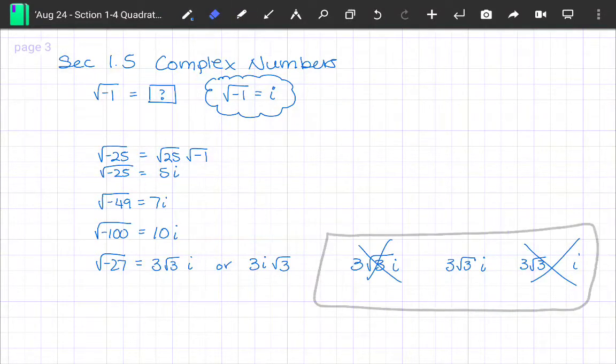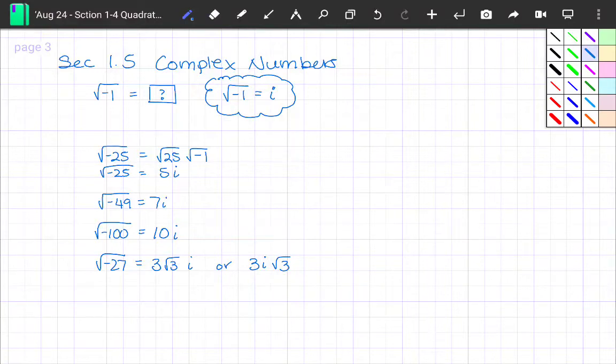All right. So these are all imaginary numbers then. So we have real numbers, and then we have imaginary numbers. So real numbers don't have an i.